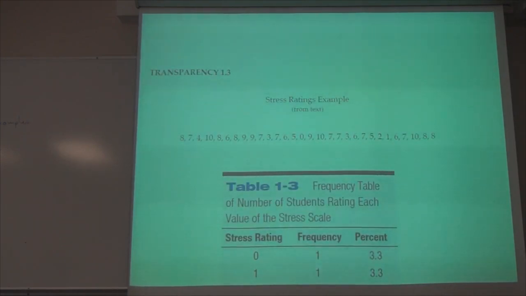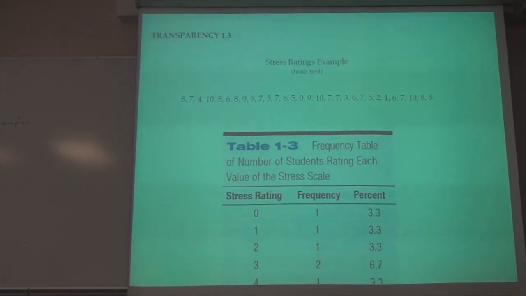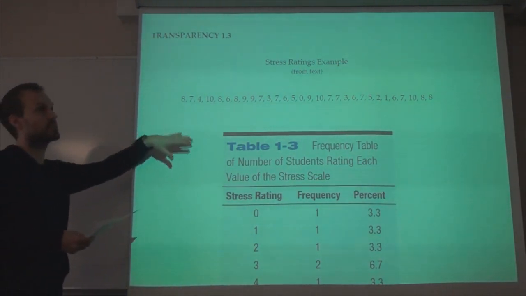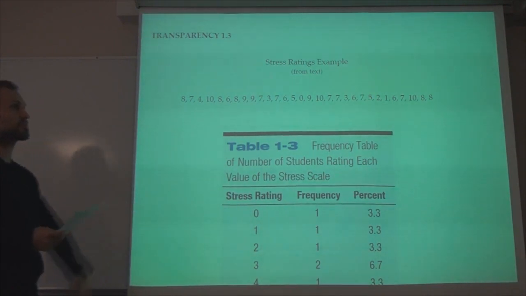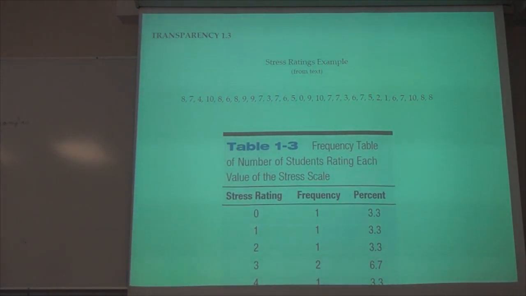So if I look at something a little bit more specific, like the stress rating for a collection of people, I think we have 30 people surveyed in this example. And of course you can read a little more detail in the textbook. The slides and the lectures just serve as an introduction.